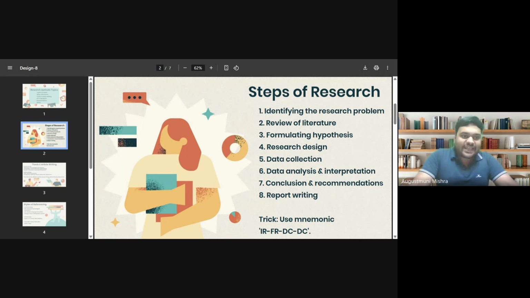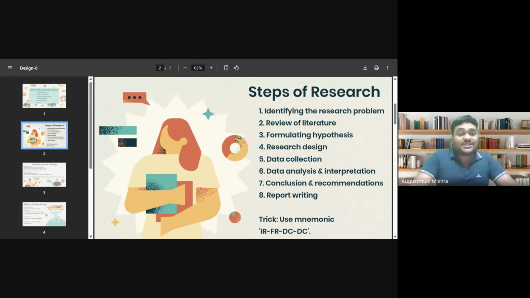But whenever you are reading different secondary sources, maybe research papers, books, archives, case studies and all, you will get broad knowledge about your research work.